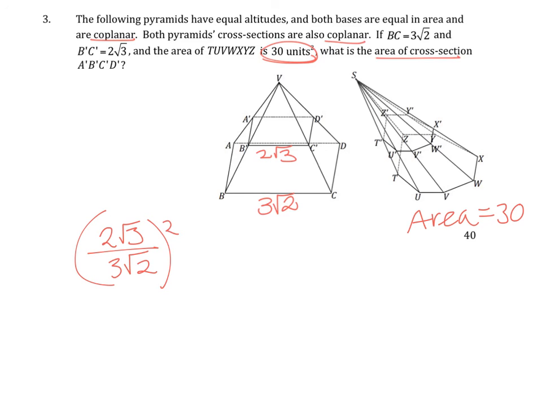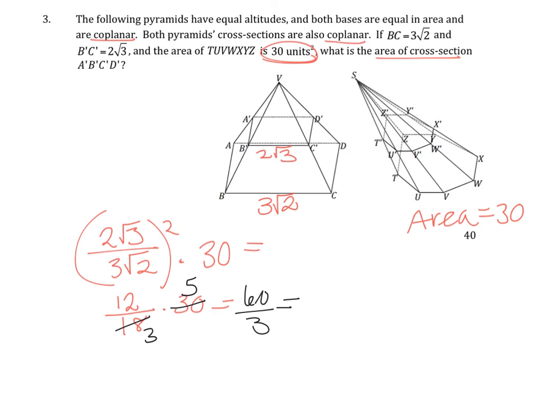Square that, multiply it to the area, and get 4 times 3 is 12, and 9 times 2 is 18, times 30. I know 6 goes into 18 3 times, and 6 goes into 30 5 times, and we go ahead and multiply that. We get 60 divided by 3, which inevitably gives us 20 square units.